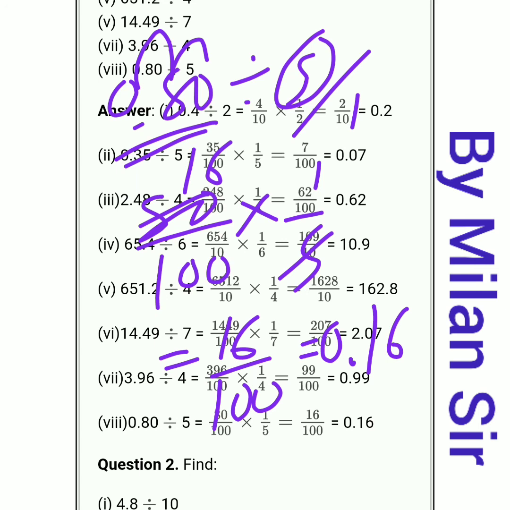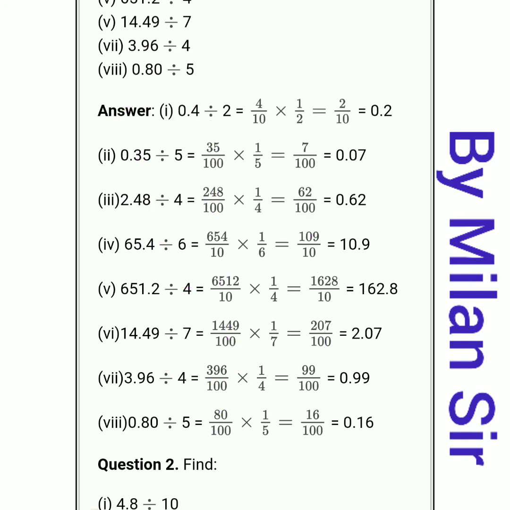Alternately, what we need to do: first, we convert the decimal number into a fraction, right? Then we convert this division into multiplication, and for that we take the reciprocal of the second number. One more thing, here we do not need to take the reciprocal of our first number.